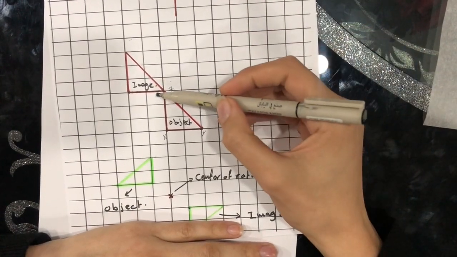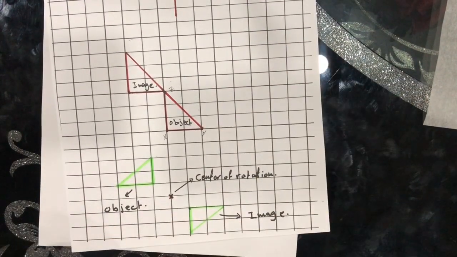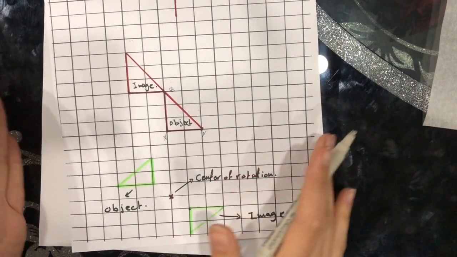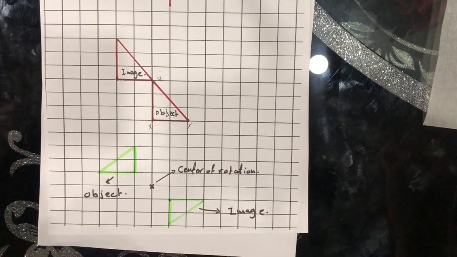Now, how did we find the image for this object?